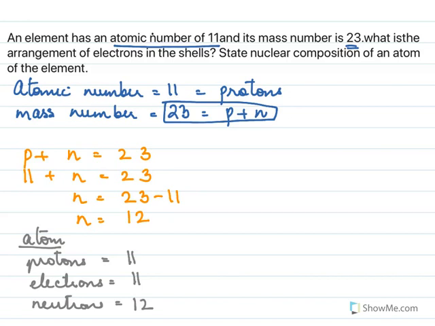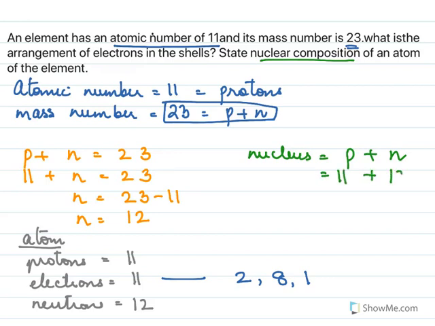Now we have to find the arrangement of the electrons. 11, so we'll distribute them 2, 8, 1. Those are the distribution of electrons. Next question is, what is its nuclear composition? In the nucleus we have the protons plus the neutrons. Protons we saw are 11 and neutrons are 12. So nuclear composition is 23.